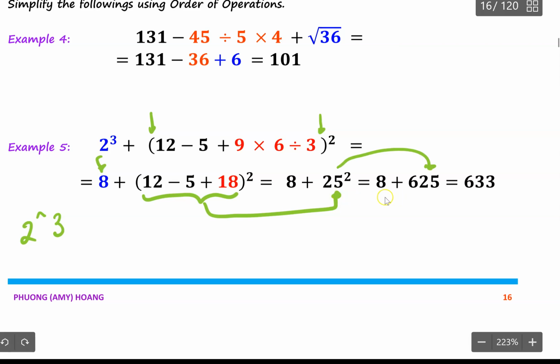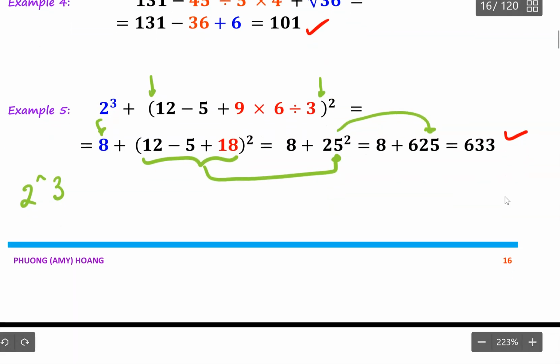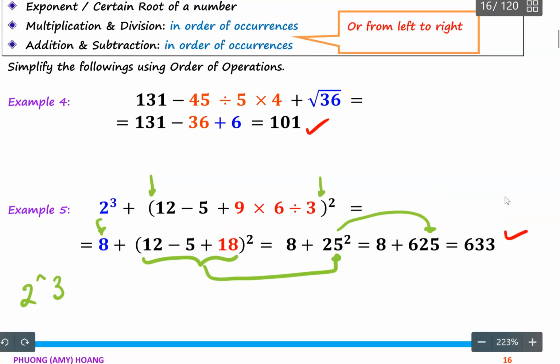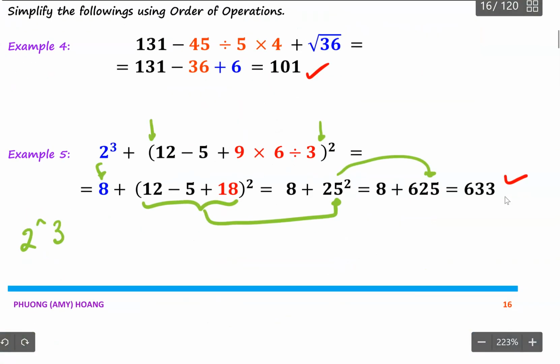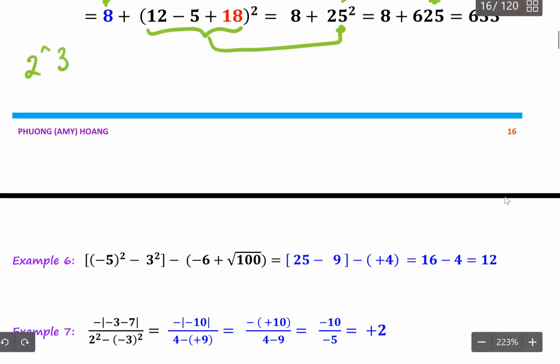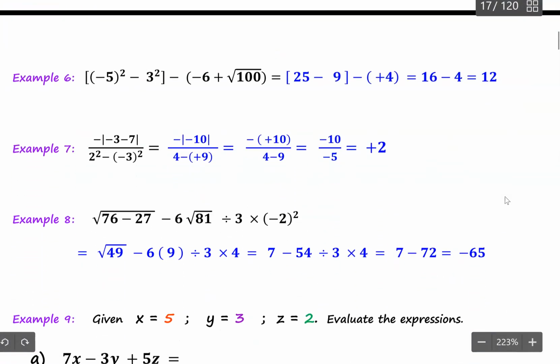I add 8 with 625, and my answer should be 633. Alright, very good. So far, so good. Again, I want to remind everyone that we are working with order of operations and we are on page 16 of the workbook. Let's move on to the next example.